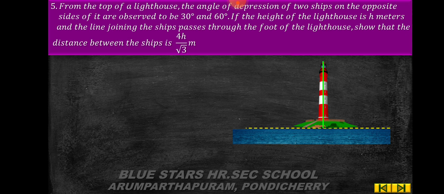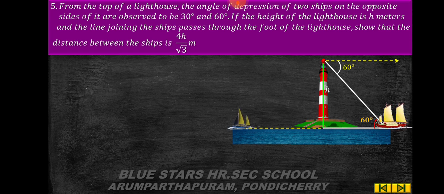So the height of the lighthouse is h. Then there is one ship on one side of the lighthouse. Then join the top of the lighthouse to the ship. That angle of depression is 60 degrees. Then there is another ship on the opposite side of the lighthouse.